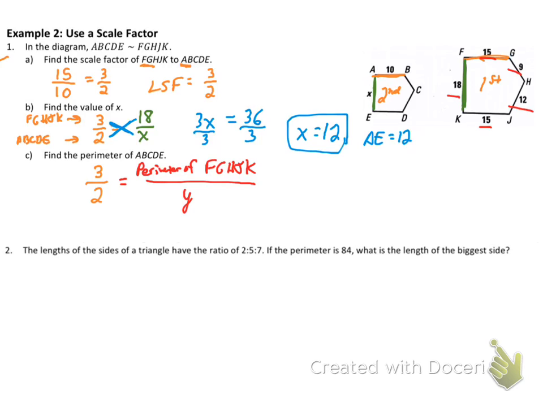All right, and so if I want to set up this proportion, I've got my linear scale factor equal to the perimeter of FGHJK, which I just found as 69, and then that's going to be over my variable of y. Then I'm going to cross multiply, so I get 3y equals 2 times 69, which is 138. When I divide by 3, y is going to give me 46.